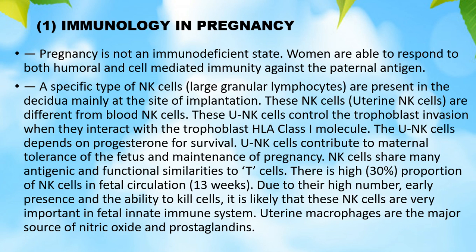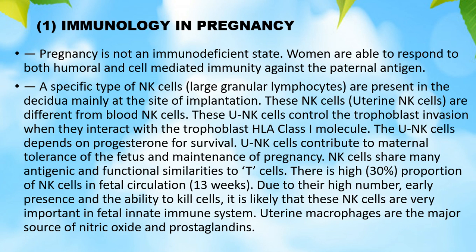When the decidua is formed for the implantation, the natural killer cells are present in the decidua, mainly at the site of implantation. The uterine NK cells are different from the blood NK cells.